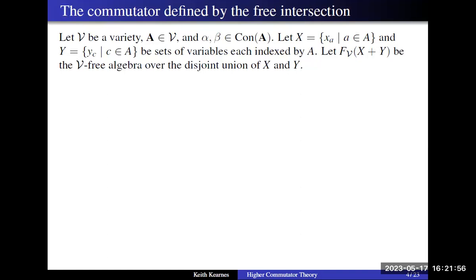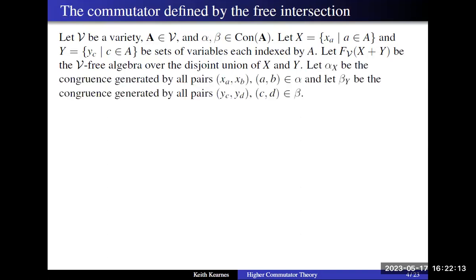And now I can look at the congruences alpha and beta, they're equivalence relations on the universe of A. So I can define equivalence relations on capital X, one that looks like alpha on capital X and one that looks like beta on capital Y. So I define alpha sub X to be an equivalence relation on free generators.